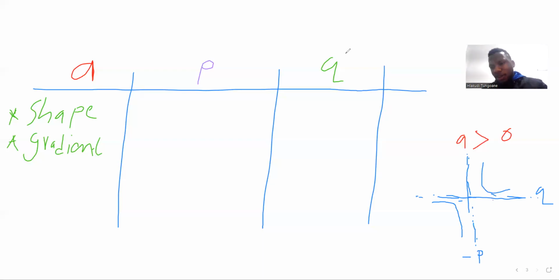These are broken lines, remember, asymptotes. Where they meet, they form 4 parts.